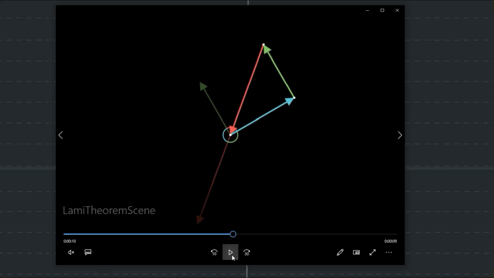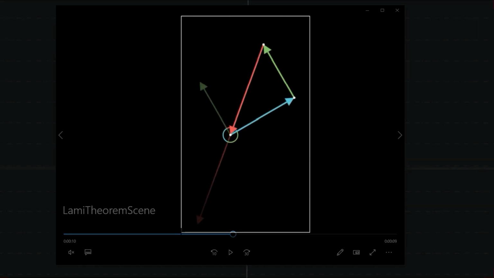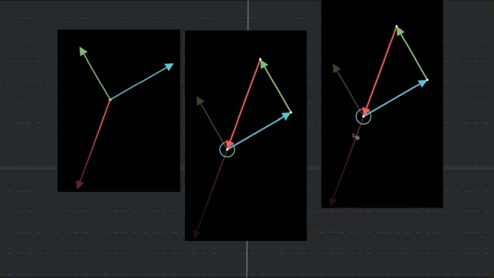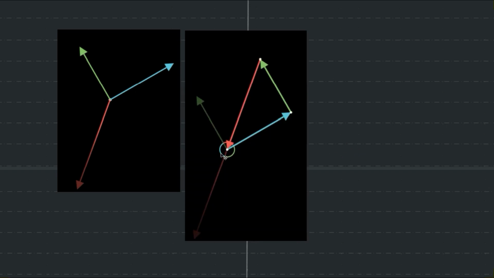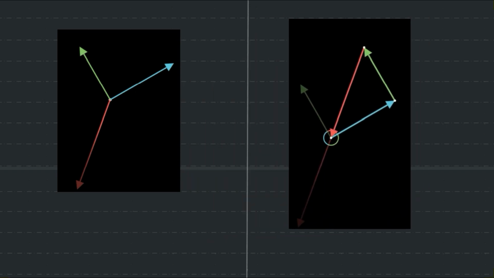We rearrange the vectors, and then we get this diagram. This works if your vectors are actually in equilibrium. If not, the proof won't be that obvious.